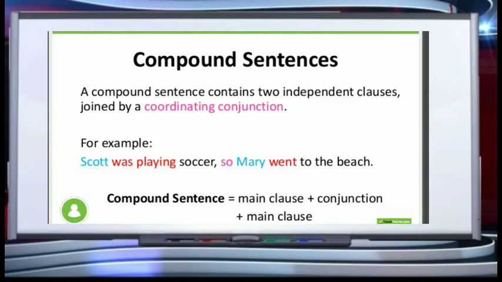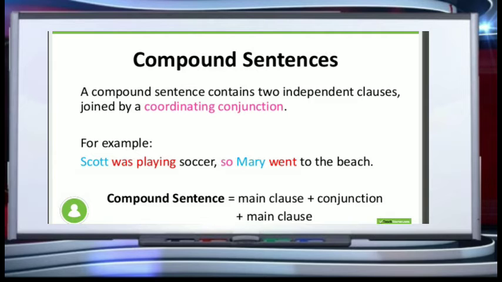So over here, see that both sides of the coordinating conjunction have equal weightage. They can stand independently. They are independent of each other's existence and joined by a coordinating conjunction. When two independent clauses are joined by a coordinating conjunction, the sentence is said to be a compound sentence.